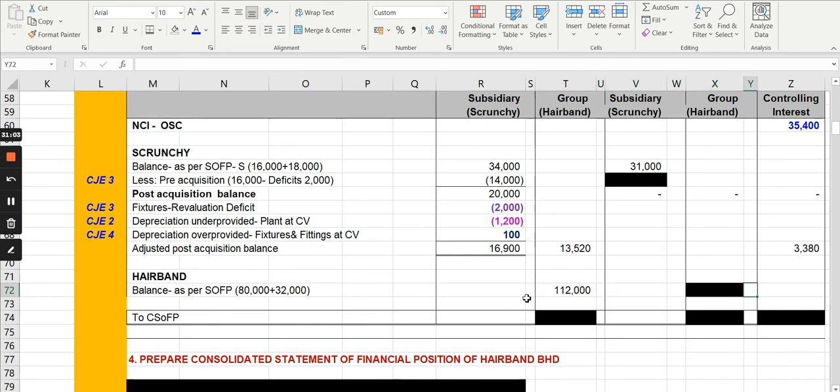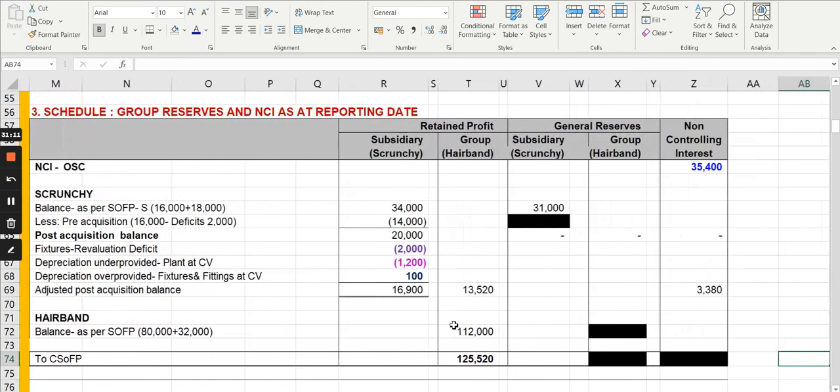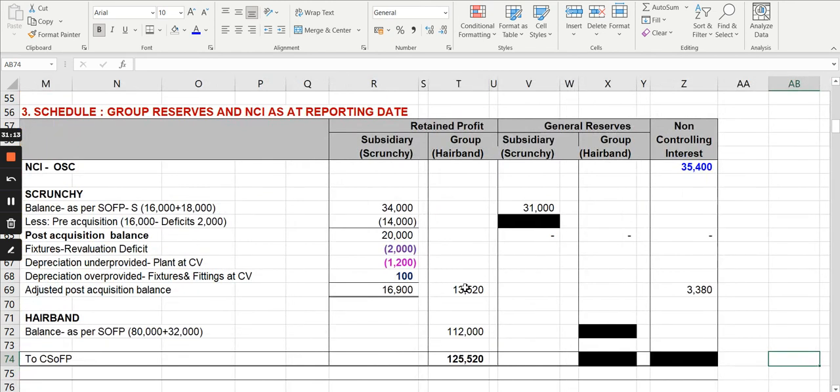For the subsidiary, for the group retained profit, now you are done. It is 125,520 after taking into consideration your share of the post-acquisition profit of the subsidiary. For the general reserve, we are now doing just the last few adjustments. The one as per the statement of financial position was 31.